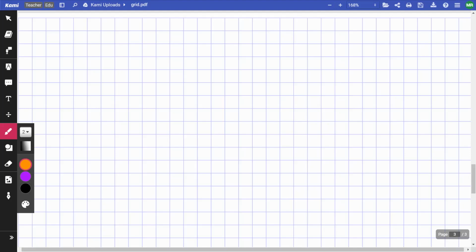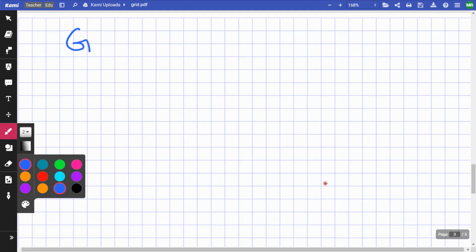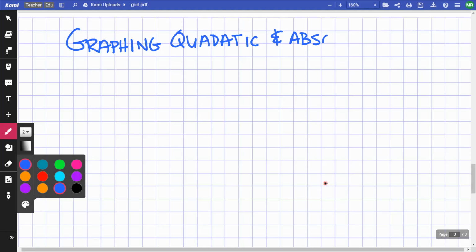Graphing quadratic and absolute value inequalities, two variables, okay? So graphing quadratic and absolute value inequalities.